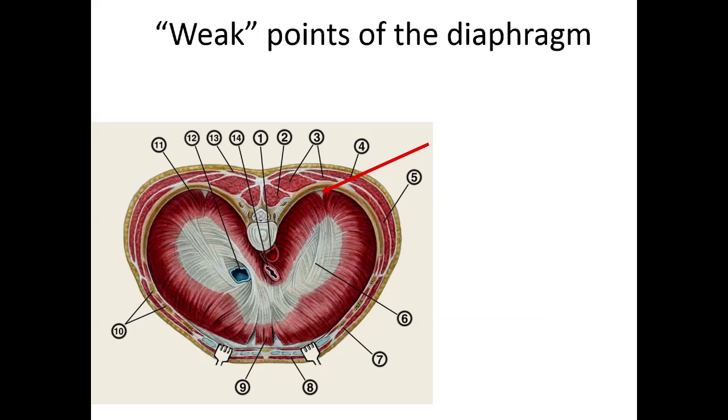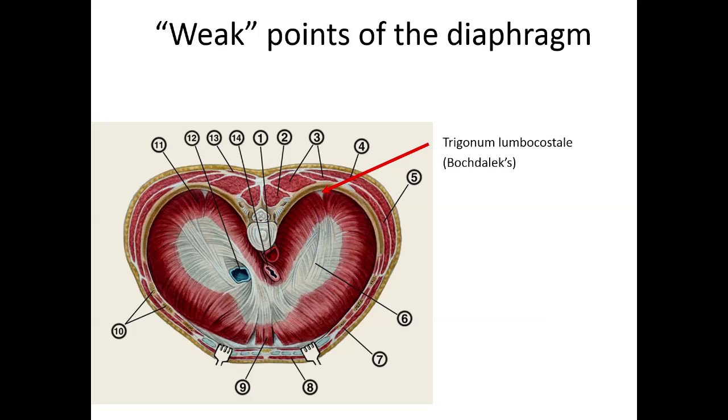Between the lumbar part and the costal part, there is a triangular place where muscular fibers are absent.